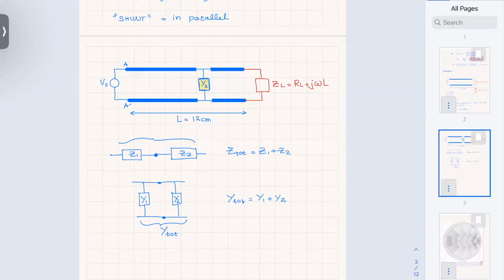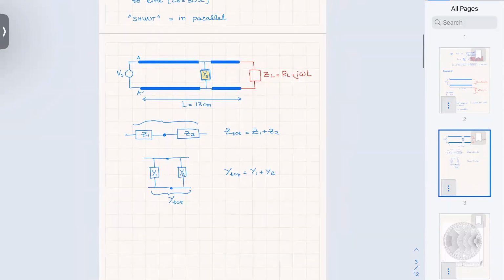Now, knowing that I can only sum admittances, I will also need to think that when I go to the Smith chart, I will have to go as fast as I can, because I don't have a calculator, from impedances to admittances, and then do the rest.